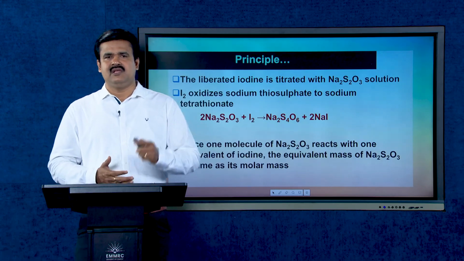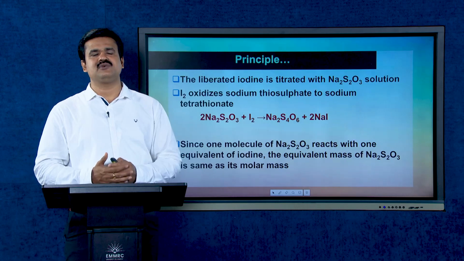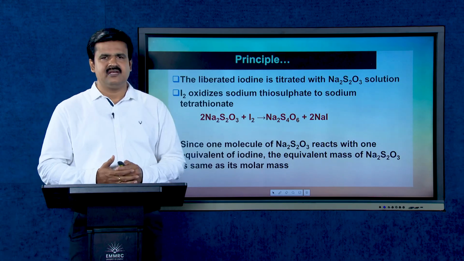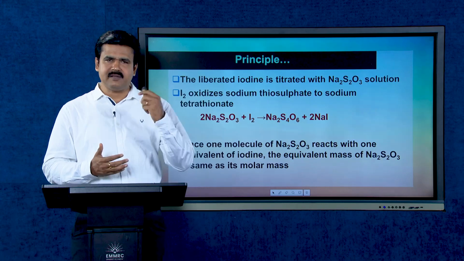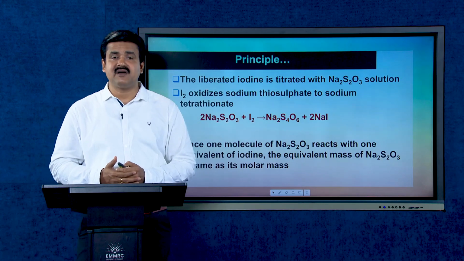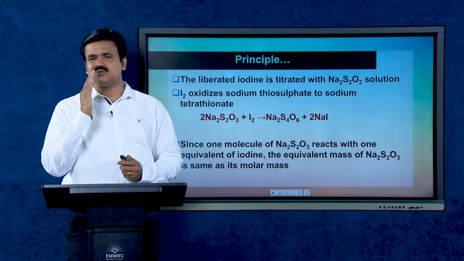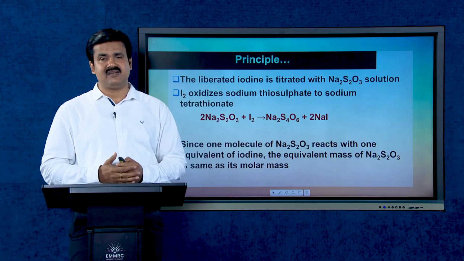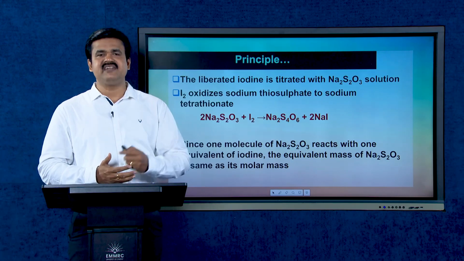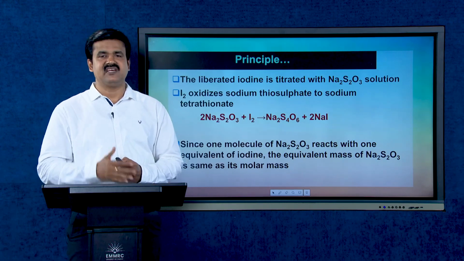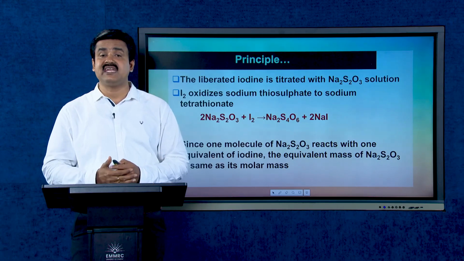Now, since one molecule of Na2S2O3 reacts with one equivalent of iodine, the equivalent mass of sodium thiosulfate is the same as its molar mass. Remember, Na2S2O3 is commercially available in stable form as Na2S2O3·5H2O, that is sodium thiosulfate pentahydrate.